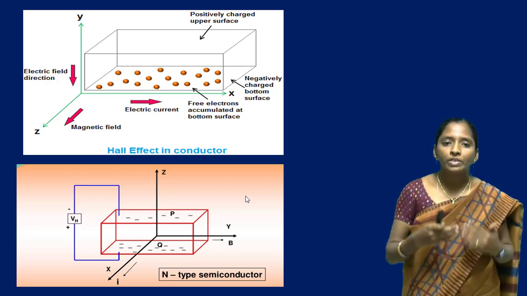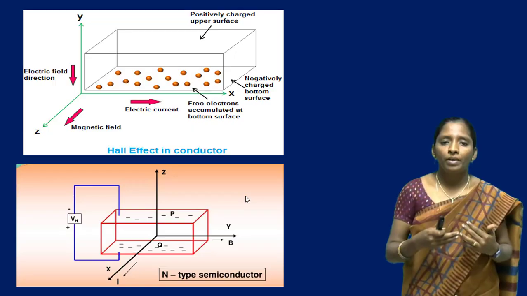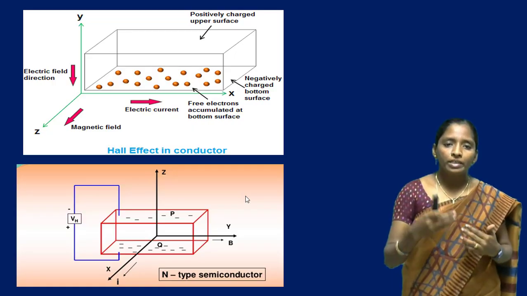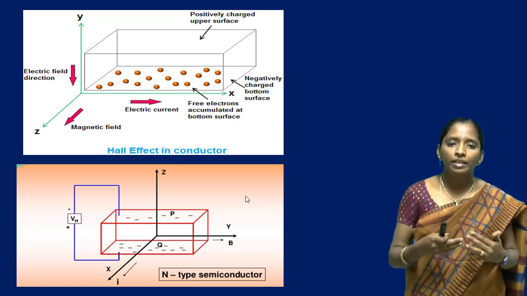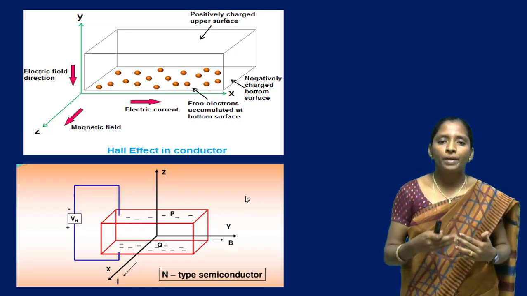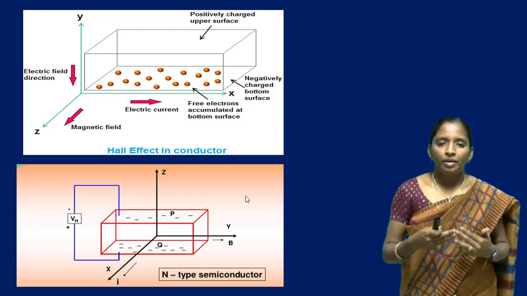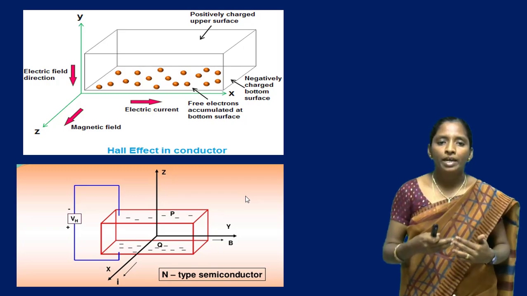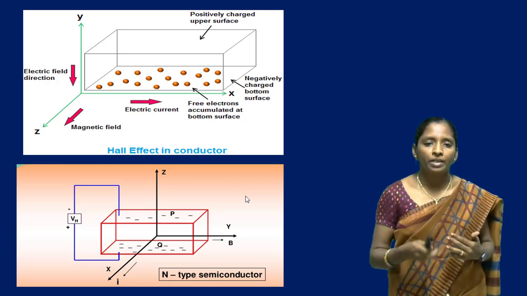So a negative voltage is developed across the applied current carrying conductor. With this magnetic field, the Hall voltage developed is negative.